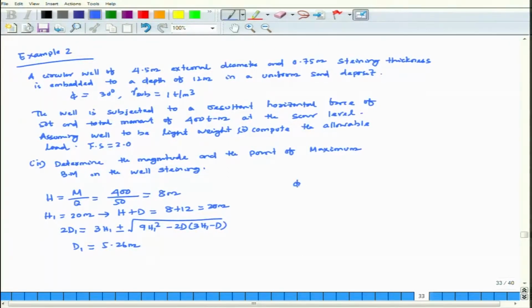For phi is equal to 30 degree, Ka is equal to 0.333, Kp is equal to 3.00.